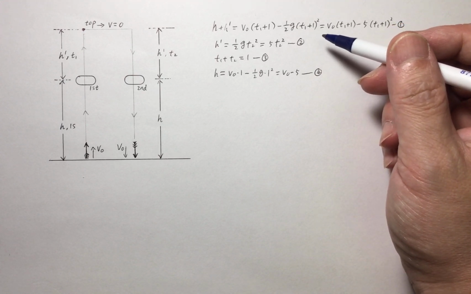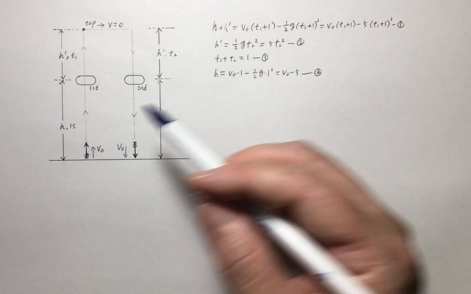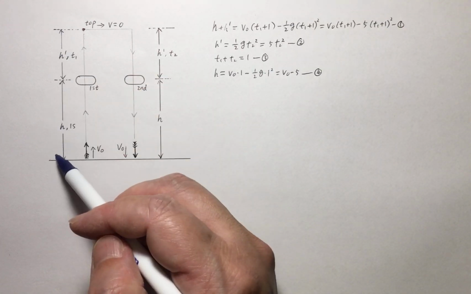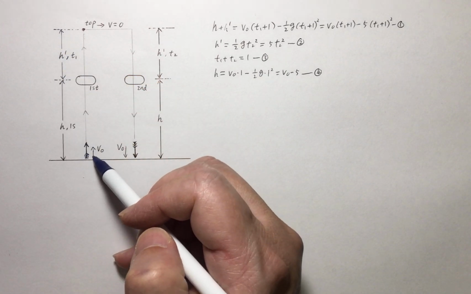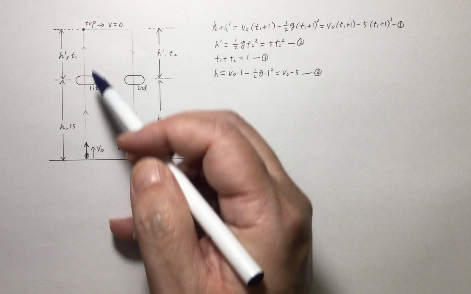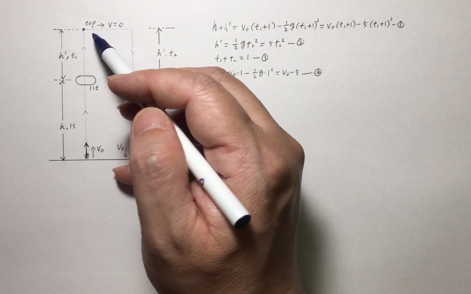Now let's look at this process again. The arrow goes from v0 to v equal to 0 here.